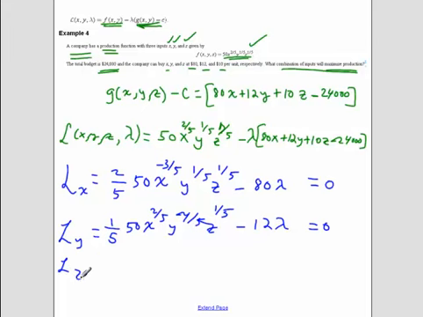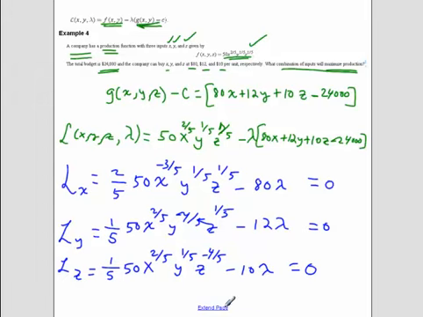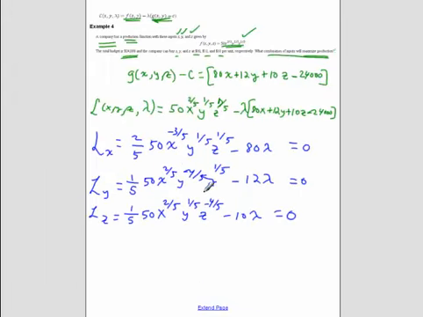And then partial with respect to z, and this also must be equal to 0. And then the very last partial derivative.